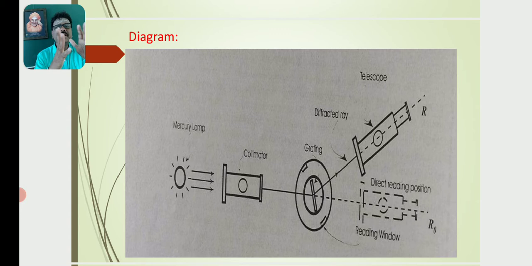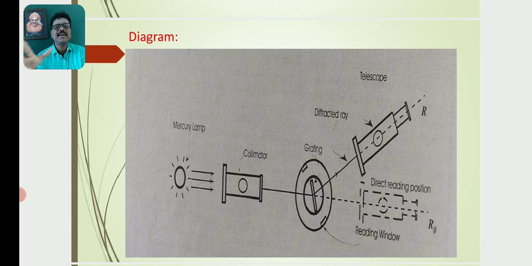The diffraction can be viewed with the help of the telescope. The diffraction pattern consists of a central bright band, and on either side of it a number of spectra are formed: first order spectra, second order, third order, like that.